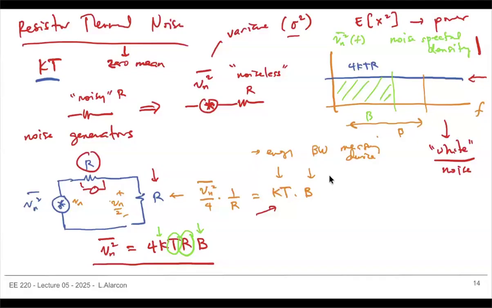But we'll see later on, because we have this particular spectrum, it turns out that we can filter noise, just like any other signal with a frequency spectrum. I can move noise from one frequency to the other, like what we do in sigma delta converters or sigma delta circuits.